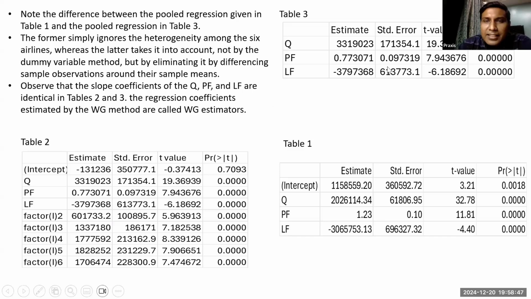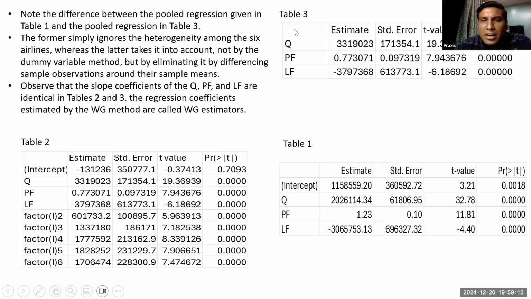Correct. And this model does not have the practical problems that are there with the least square dummy variable approach. So very tactfully, we have removed those practical problems, even though we are getting the same result, right?